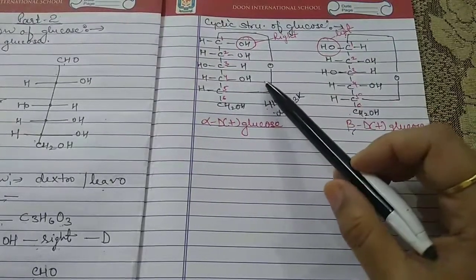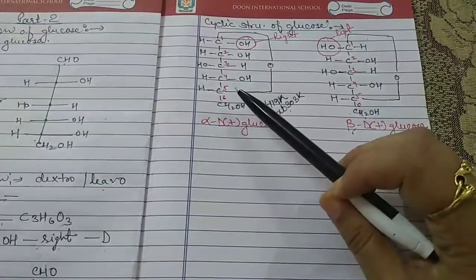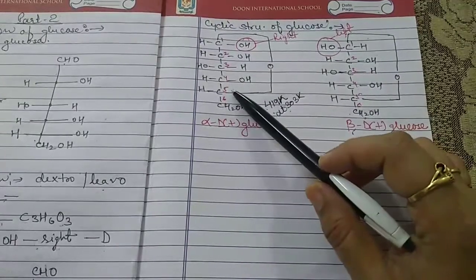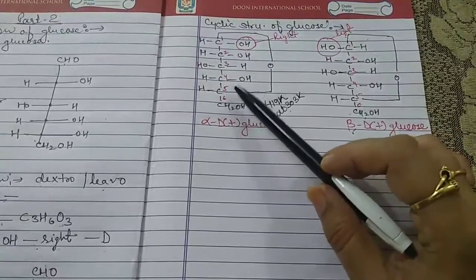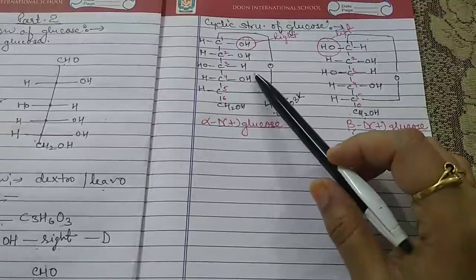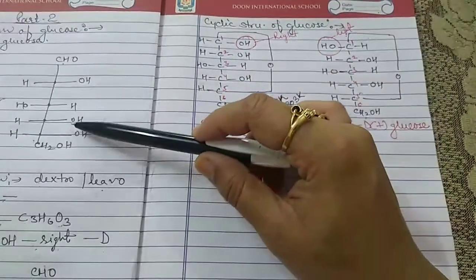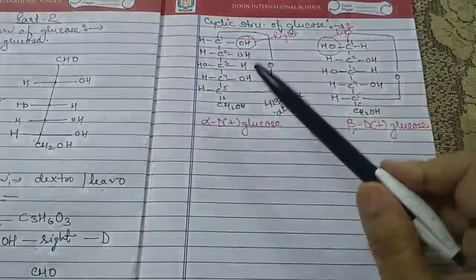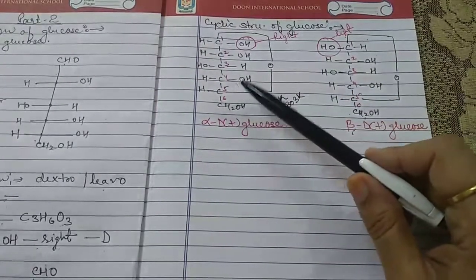We have one test in the laboratory known as the Schiff test, with the Schiff reagent, and glucose does not form the hydrogen sulfide addition product with sodium hydrogen sulfide. So one test, the Schiff test, is not satisfied with this open structure. For that we need the cyclic structure of glucose.